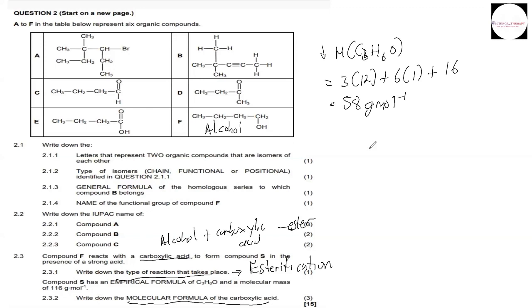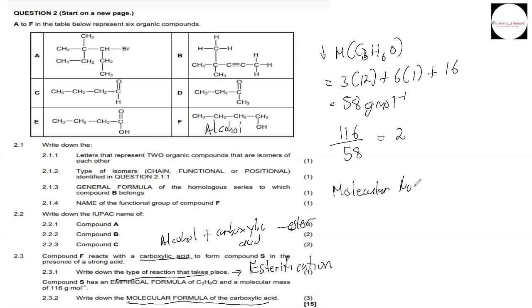Now, what should you do at this point? You take the molecular mass of the molecular formula and divide it by the molar mass of the empirical formula. So 116 divided by 58 gives you 2. Now, what you should do with this 2 is multiply it by the empirical formula so that you have the molecular formula.